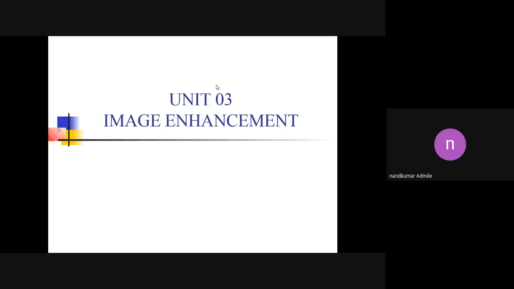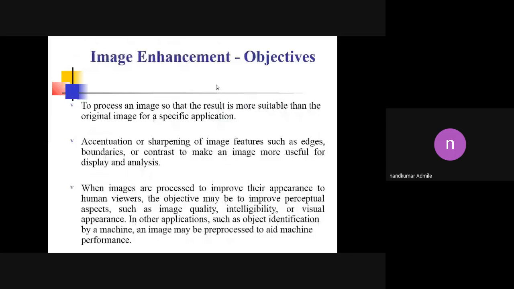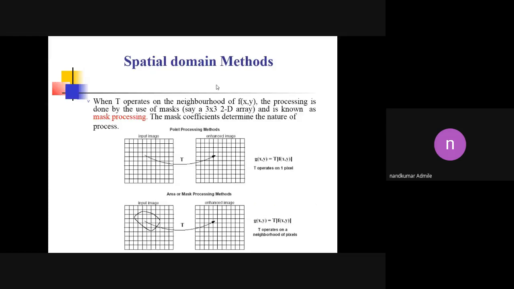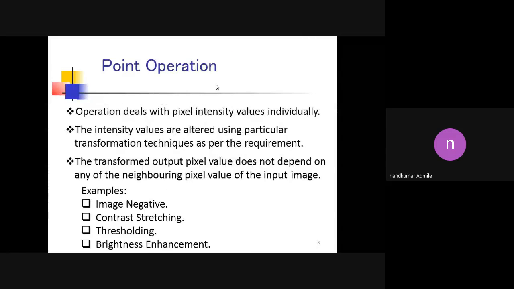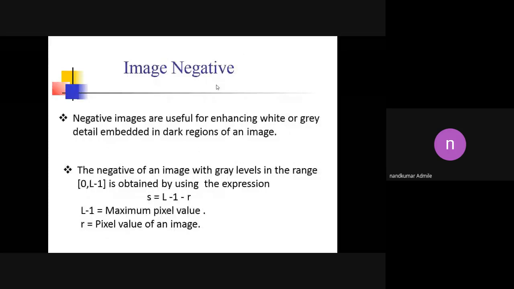Along with this, we study the first type, that is image negative. What is the image negative? In image negative, it takes a reverse action.